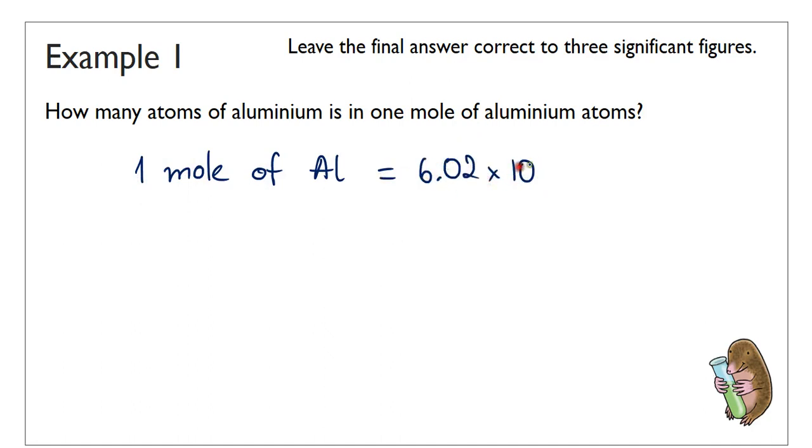The only reason we use scientific notation is to save time, because nobody has enough time to write 23 zeros every single time. This works out to be around 27 grams of aluminium, so it's not even that much in grams anyway. It's a lot of atoms.